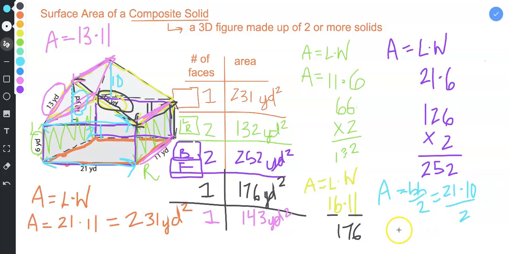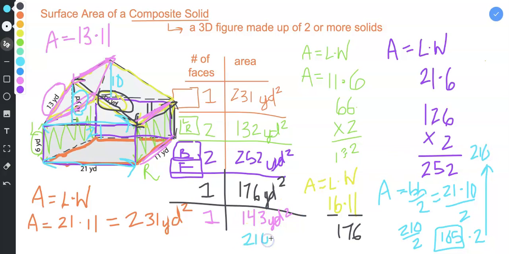So 21 times 10 is 210, and 210 divided by 2 is 105, and that's the area of just one triangle, so we need to multiply that by 2. So for 2 triangles, the area is 210. So 210 square yards for those 2 triangle faces.